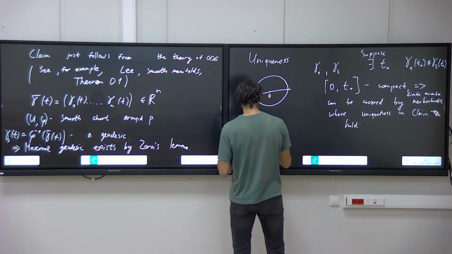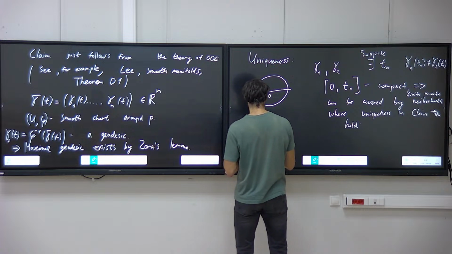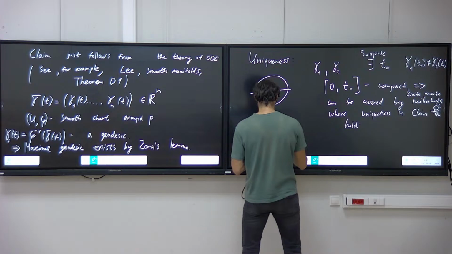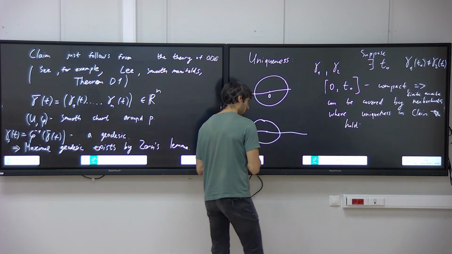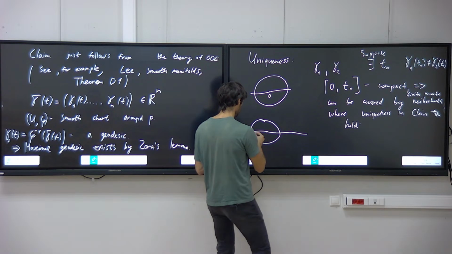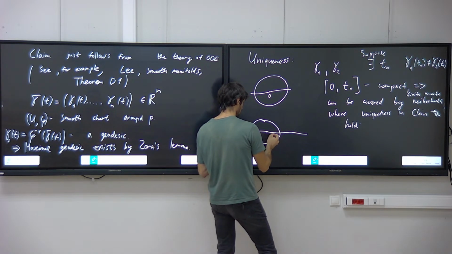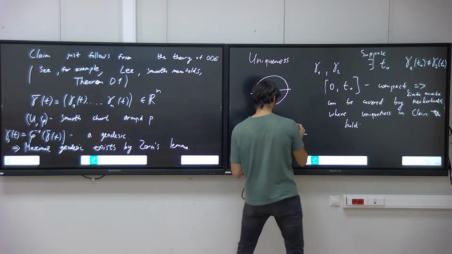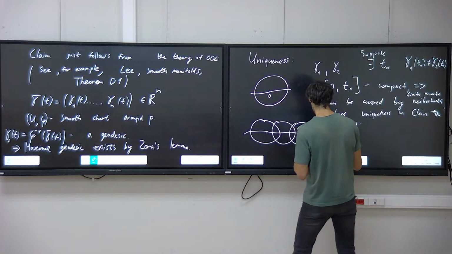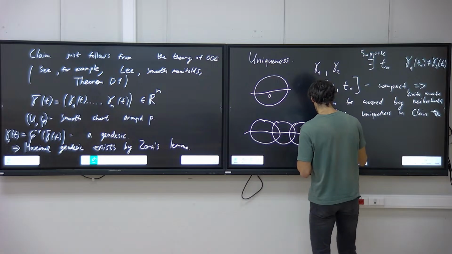So basically the picture is the following. You take your gamma 1 and gamma 2, well, they coincide here, right? And then you take a cover like this.